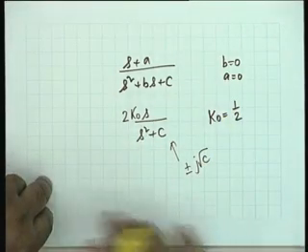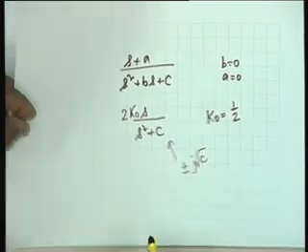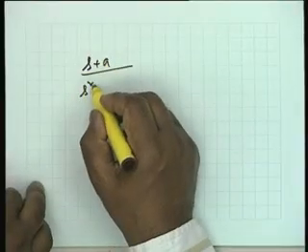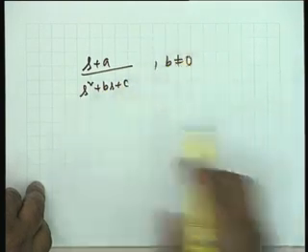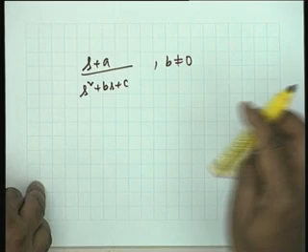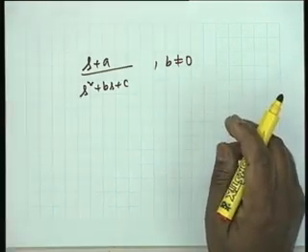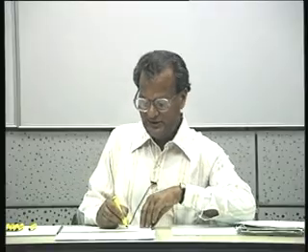Alright. But suppose b is not equal to 0. Our function is s by a s squared plus bs plus c, b is not equal to 0. If that is so, then we go right away to the real part testing.